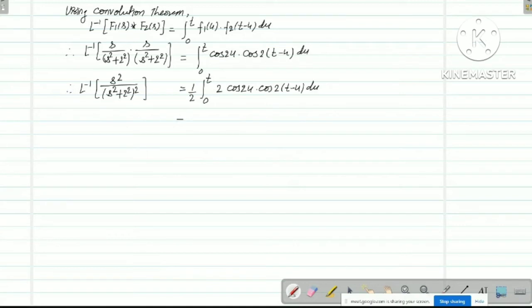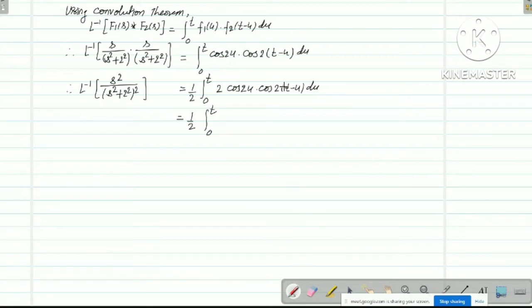Here we apply the formula of 2 cos A into cos B.